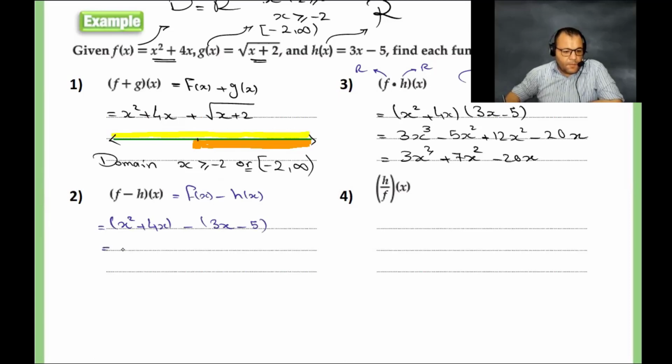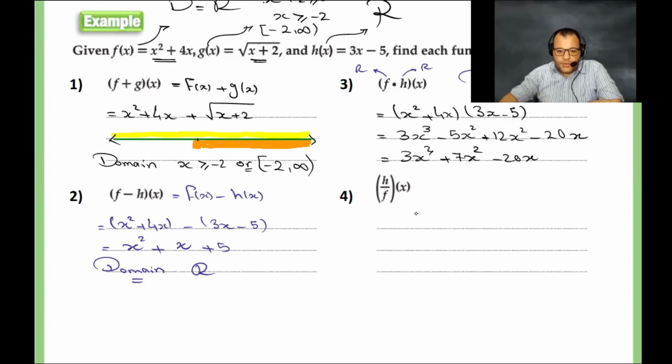So it will be x squared plus 4x minus 3x plus 5, which is x squared plus x plus 5. And the domain will be R.